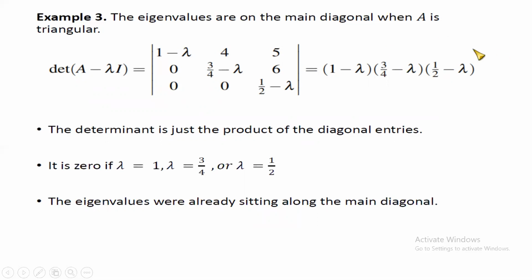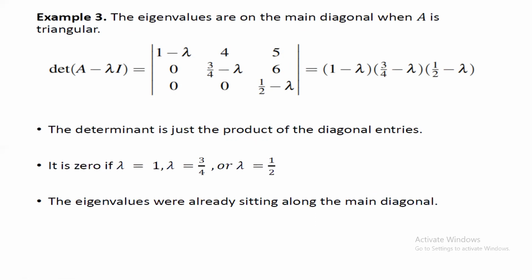So only the diagonal elements multiplied will give us the determinant. In case of a triangular matrix, the determinant is just the product of the diagonal entries. It is 0 if lambda equal to 1, lambda equal to 3 by 4, or lambda equal to half. That is what it means when we talk about singularity and the diagonal.